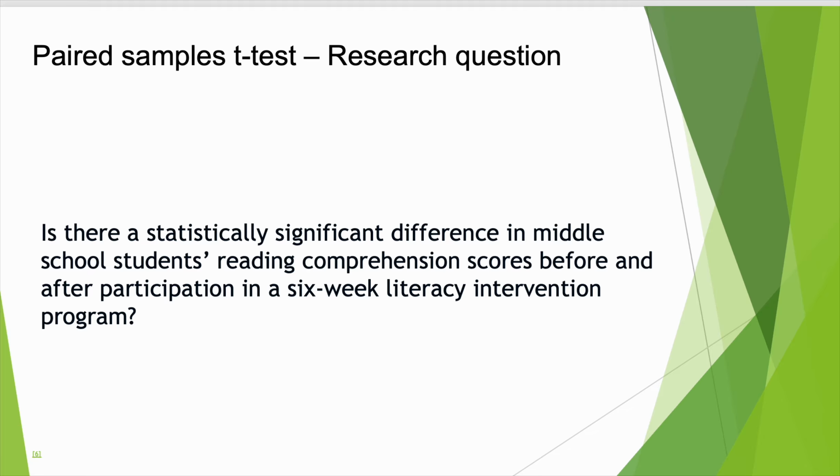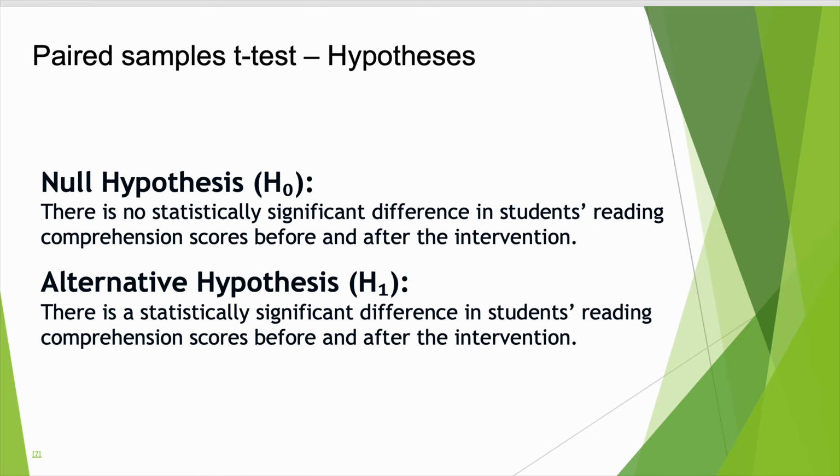And then your research question, again, very templated. We have to say, is there a statistically significant difference in? Then you would replace what the score is before and after what the intervention is. So that's really what that research question would look like if you were doing a paired sample t-test.